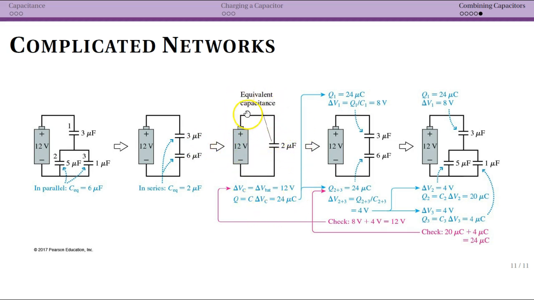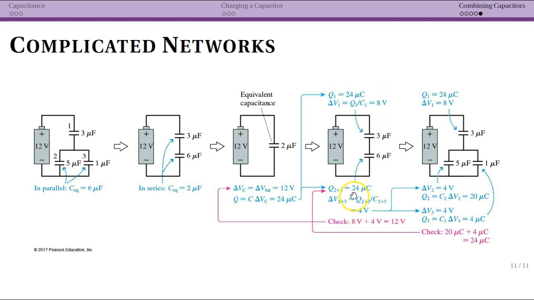We now have just one capacitor, and what you can do in this case is now start solving. What is the potential across this capacitor? What is then the charge across this capacitor? You then can expand it back out into our two series capacitors using that charge and the capacitance of each one.